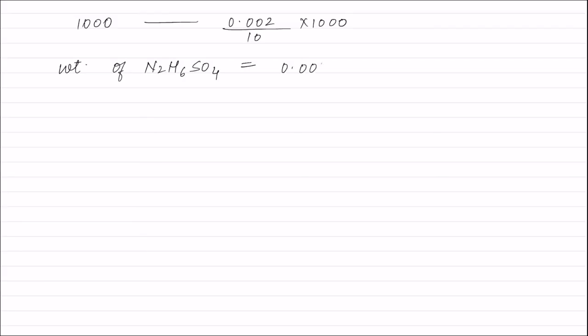Now 10 milliliter of solution of hydrazine sulfate contains 0.002 equivalents of hydrazine sulfate. Therefore, 1000 milliliters of solution or 1 liter of solution will contain 0.002 divided by 10 into 1000 equivalents of hydrazine sulfate, and therefore weight of hydrazine sulfate, that is N2H6SO4, in 1 liter of solution will be equal to 0.002 divided by 10 into 1000 into equivalent weight of hydrazine sulfate, that is 32.5.